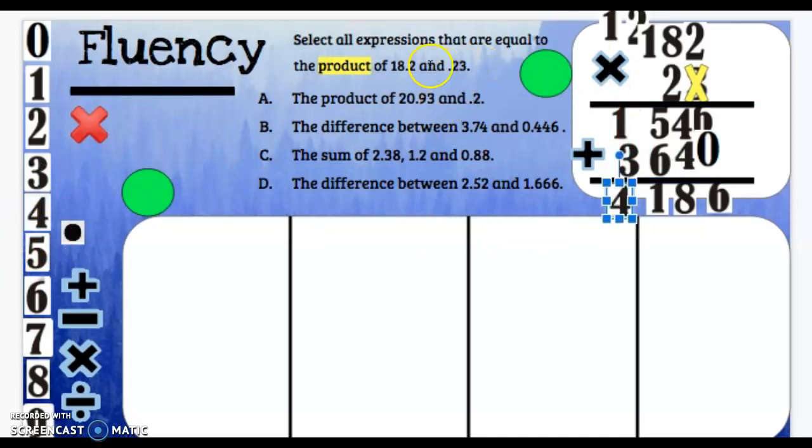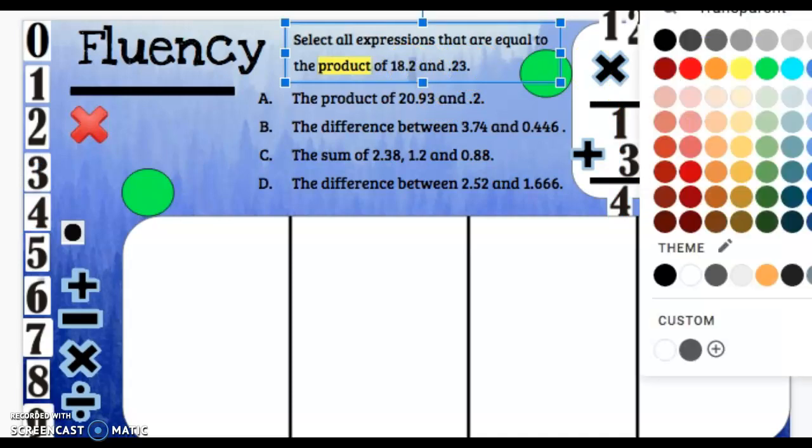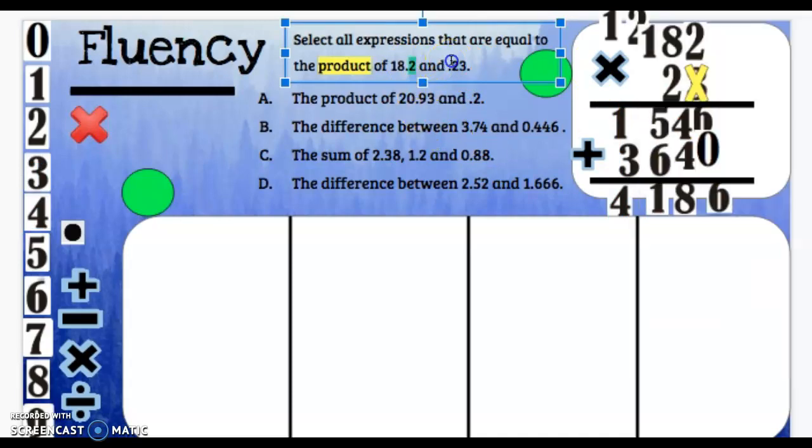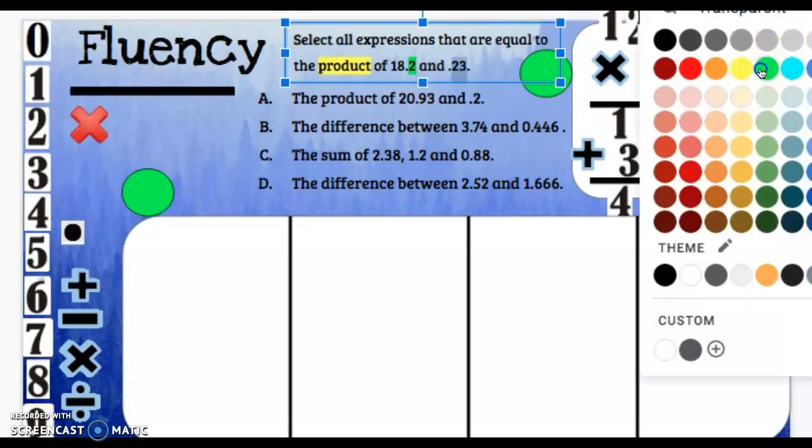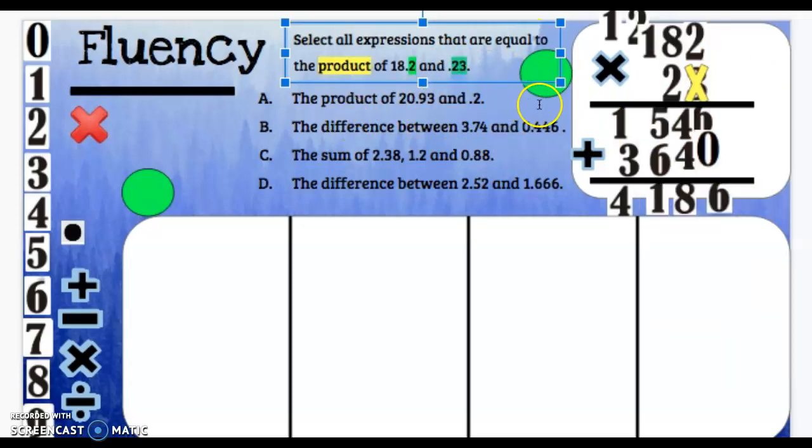Now I got to count in my original problem how many numbers are behind my decimal point. I have a 2, I have a 2 and a 3. So I'm highlighting 3 numbers. So that means I have 3 times I have to move that decimal point.